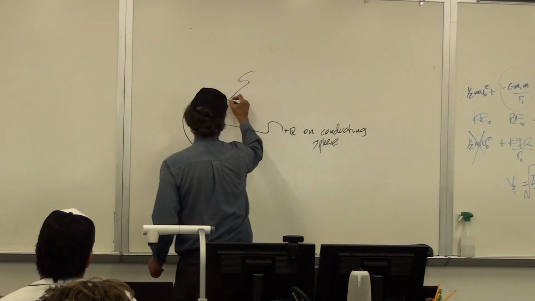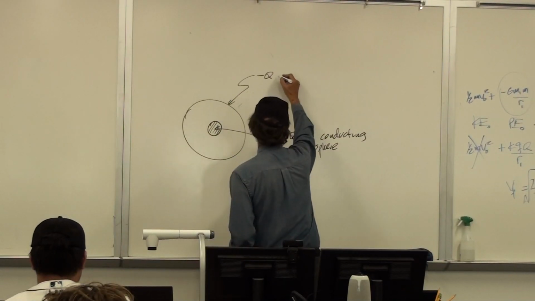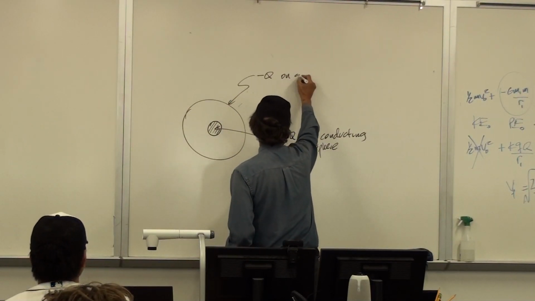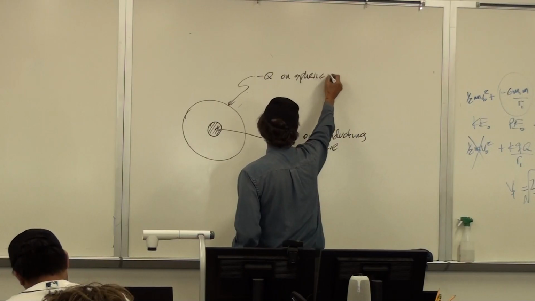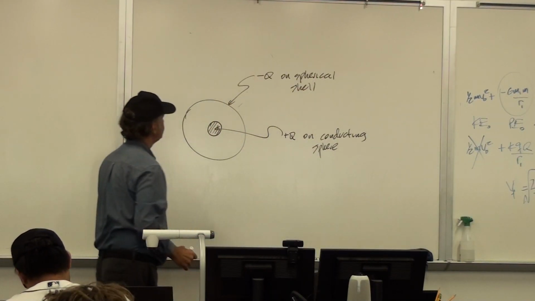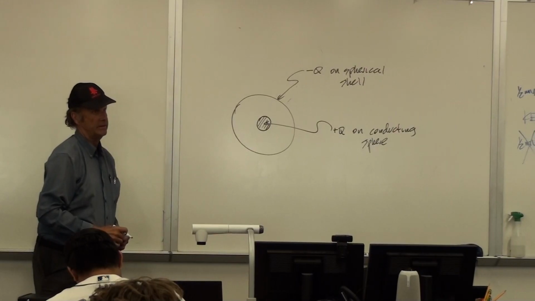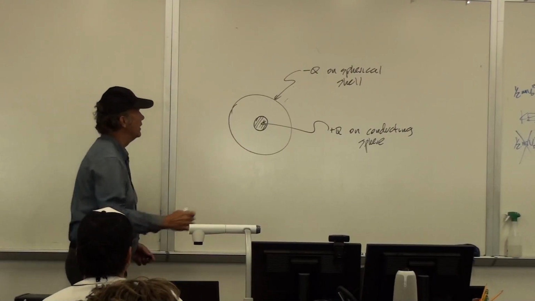And then let's say we have minus Q on the spherical shell. Now, you should have been able to figure out the electric field for this using Gauss's law.